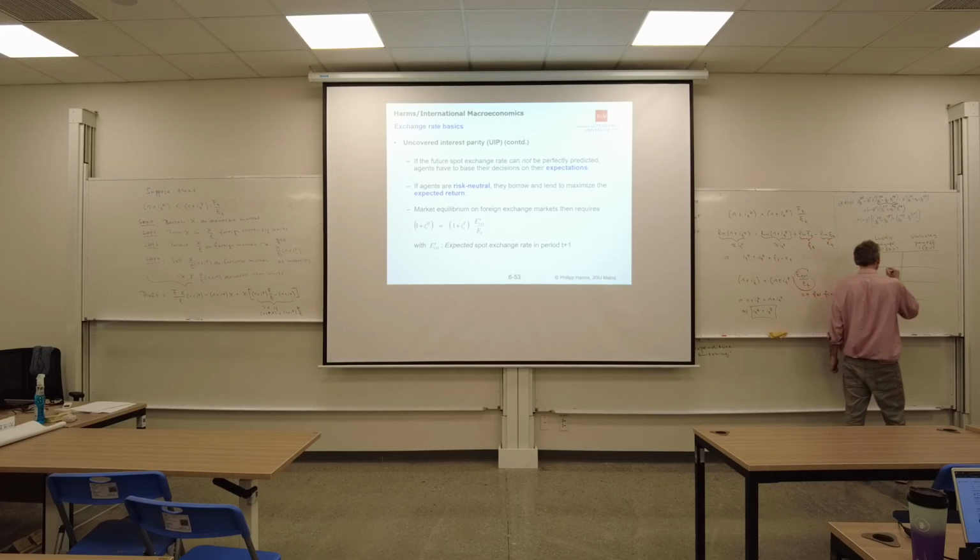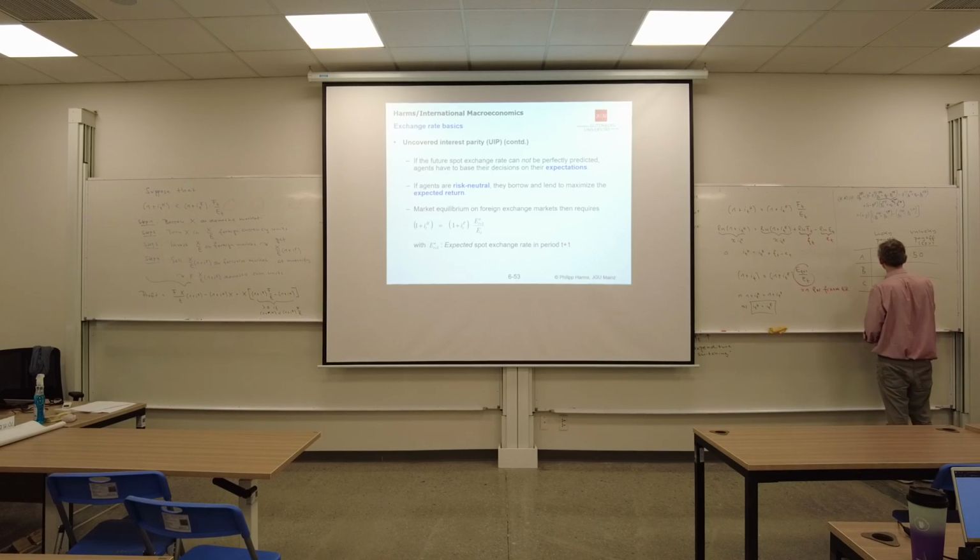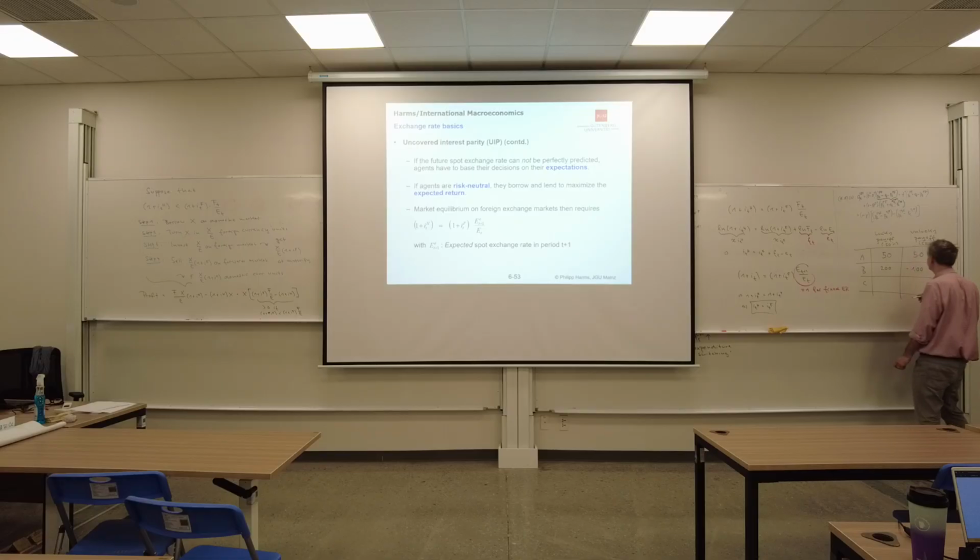The first lottery offers you, say, 50 dollars when you're lucky, and 50 dollars when you're unlucky. The second lottery offers you 200 when you're lucky and minus 100 when you're unlucky.